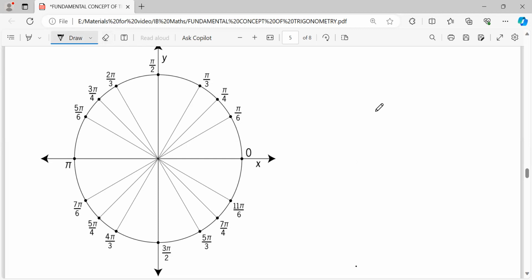In this diagram, if you pay attention, 2 pi over 3 is a reflection of pi over 3, 3 pi over 4 is a reflection of pi over 4, 5 pi over 6 is a reflection of pi over 6, and 7 pi over 6 is a reflection of 5 pi over 6, 5 pi over 4 is a reflection of 3 pi over 4, 4 pi over 3 is a reflection of 2 pi over 3, and so the reflection of 4 pi over 3 is 5 pi over 3, right? So let's recreate the triangle.